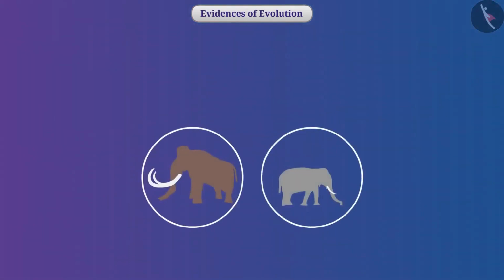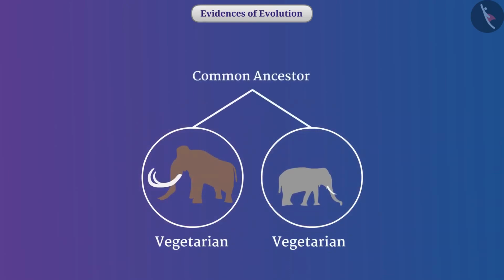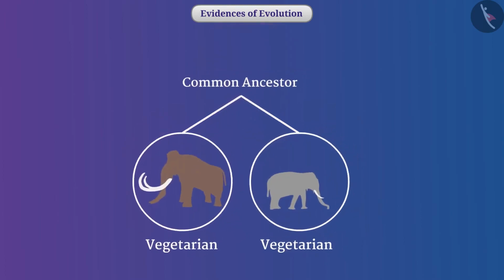Characteristics are the description of an external shape or behavior. If different organisms have the same characteristics, then it can be inferred that they must have evolved from a common ancestor. In this way, if the characteristics of two species are closely related, then they must have a common ancestor.